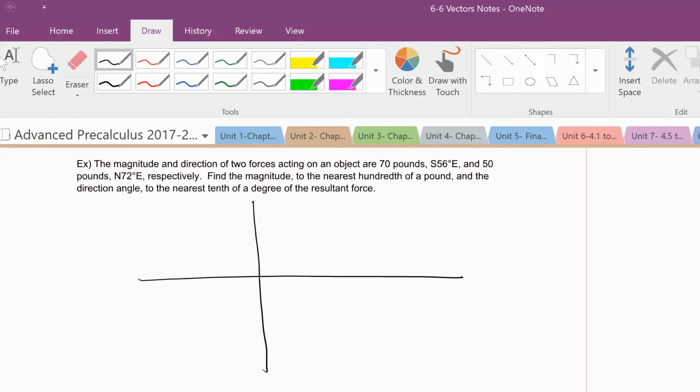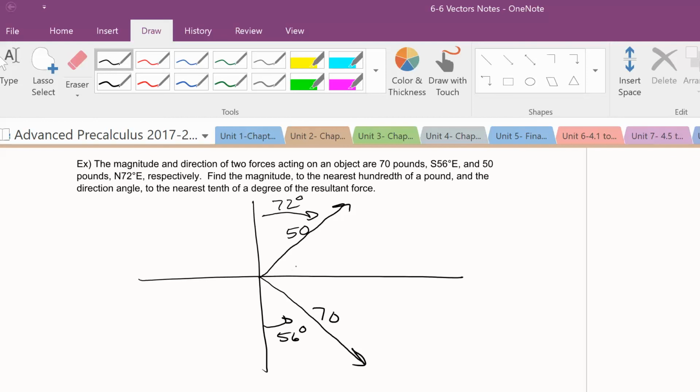So south 56 degrees east is right here. So we're going south 56 degrees east, and it's 70 pounds. And then we have 50 pounds north 72 degrees east.